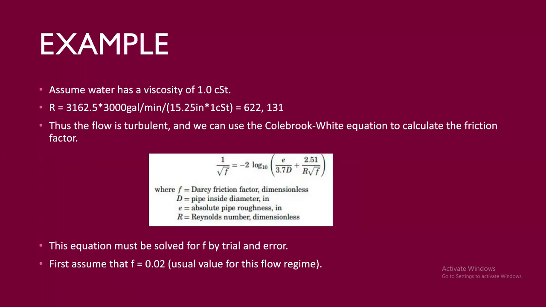Otherwise, if you start from a value which is too large, you do many iterations before you reach a solution. You have to take note that you can use some software to calculate this. On my next presentation, I'll do one example whereby I'll use the software to calculate this value, and it's just one click, you're done.